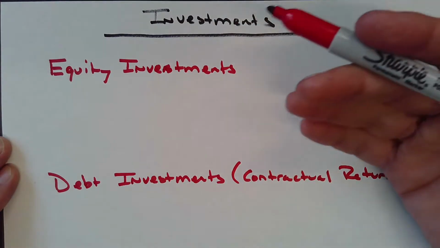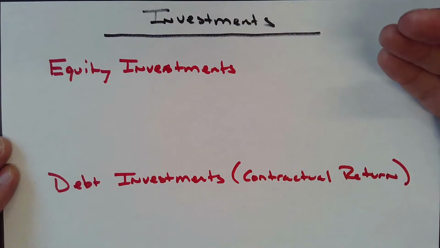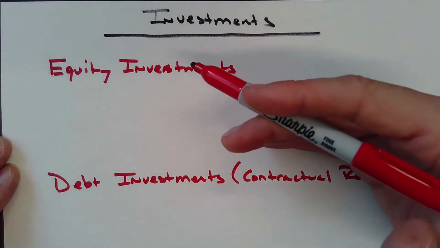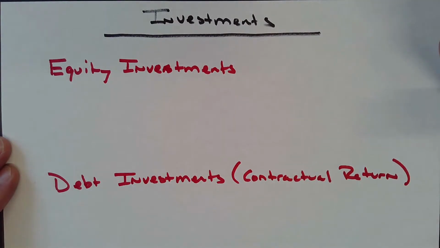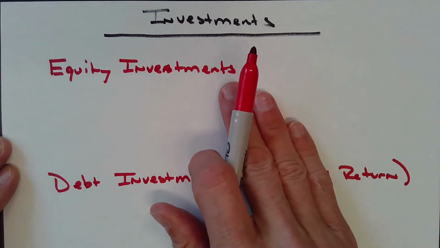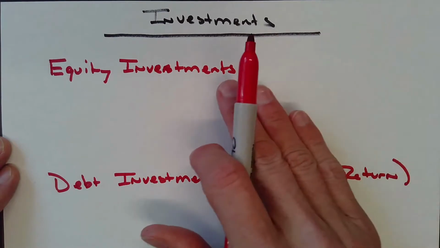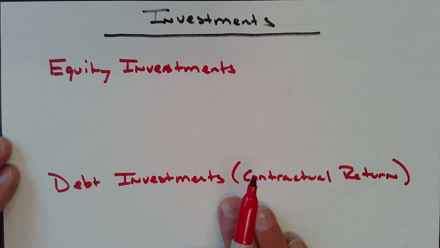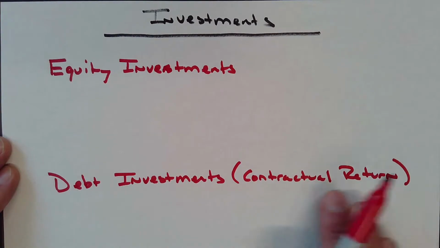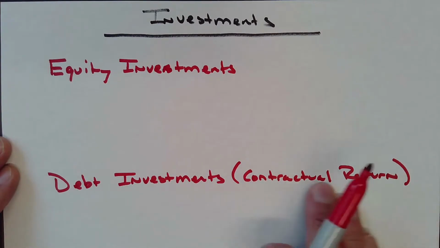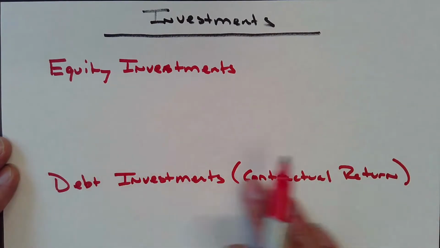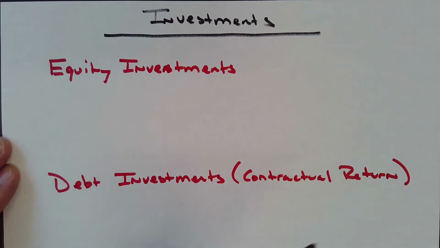Is it improving its worth? And if it's improving its worth, then my investment should also be improving its worth. So there's a hope of a return versus a contractual return. This is known, and I can look at the contract and see exactly what I should be getting. Whether I get it or not is a different thing, but whether or not I should be getting it.